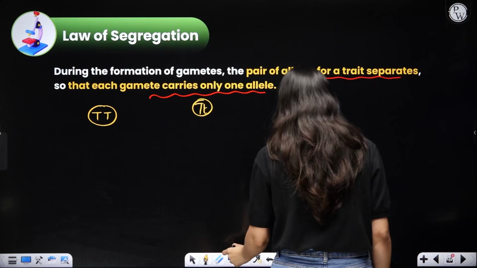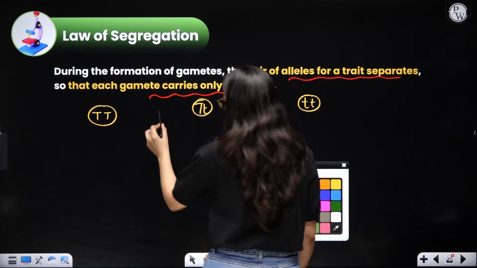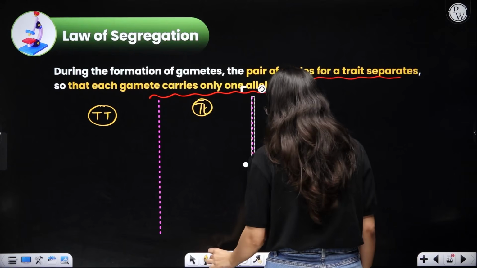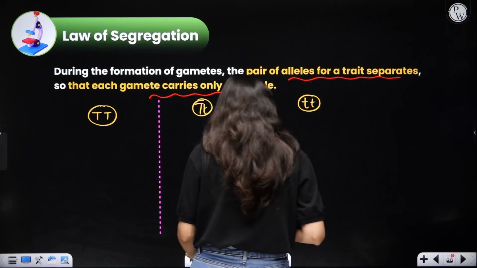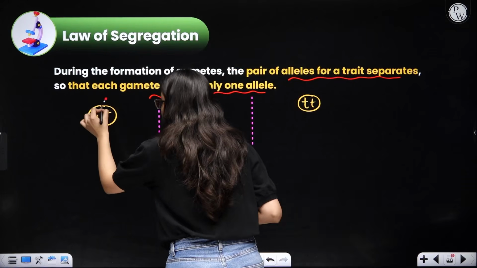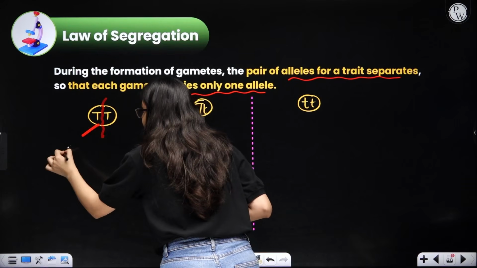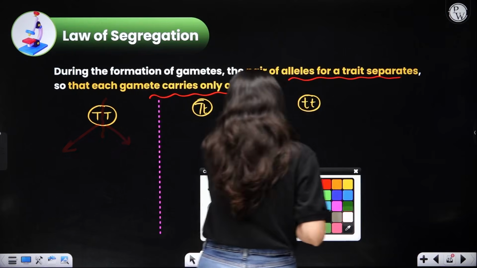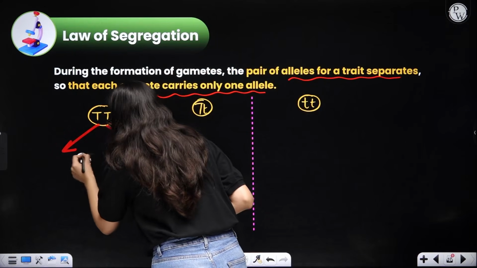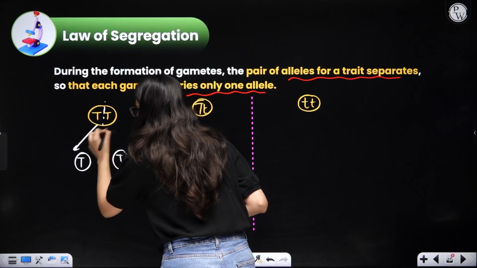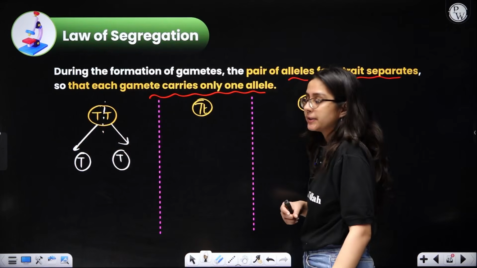The statement simply says that whenever there is formation of gametes, both the alleles will eventually separate, and each allele will move into one gamete. So they separated and each allele has moved into one gamete. This one has moved into one, this has moved into the other gamete.